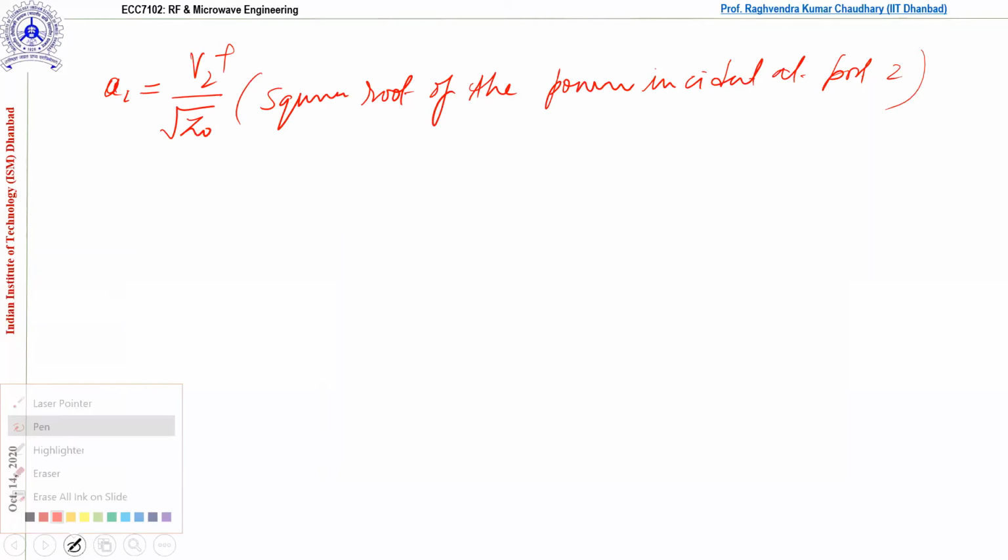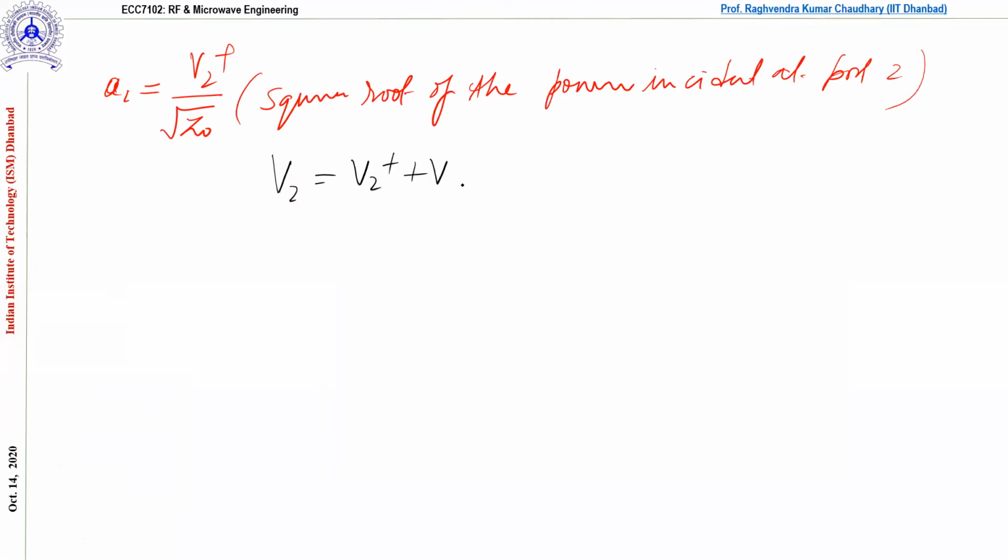Fine. Now, how can we write these in terms of the terminal voltage? Of course, V2 is equal to V2 plus plus V2 minus, and the other equation is I2 Z0 is equal to V2 plus minus V2 minus.